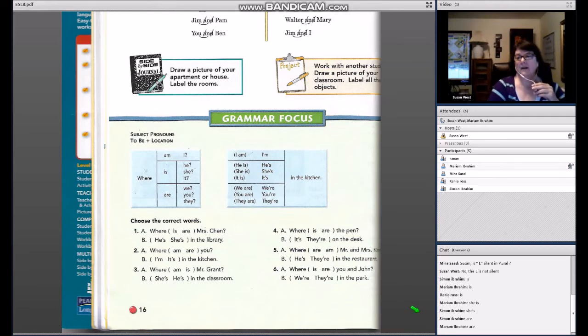Rainy, can you write it in there? Hanan? Okay, good. Where are you? Now, what's the answer for part B? I'm or it's in the kitchen.